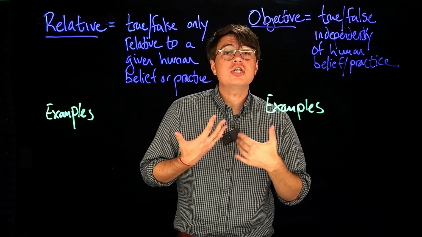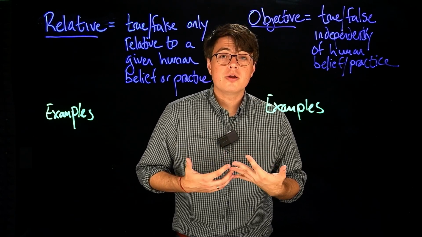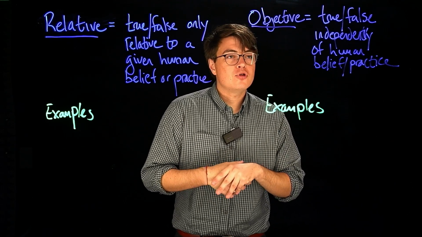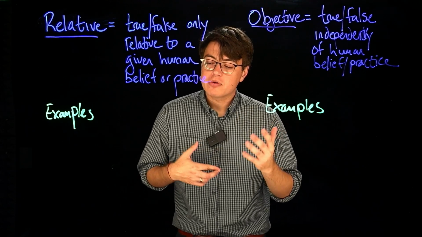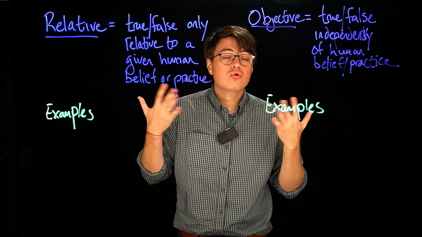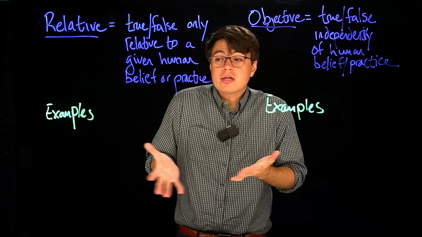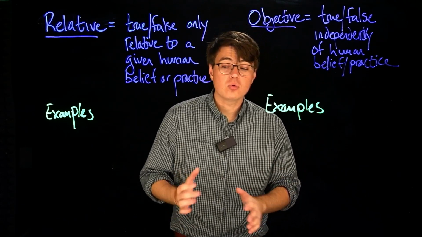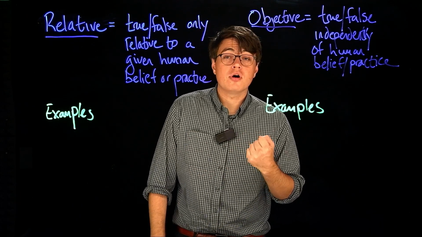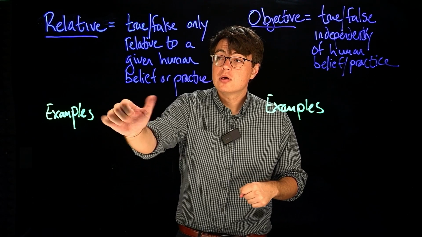Whereas an objective proposition is one that is true or false independently of human belief and practice. These would be propositions, claims about the way the world is, that are just true or false full stop, not relative to a person or relative to a culture or relative to a practice. They just are true or just are false, regardless of what anyone thinks.